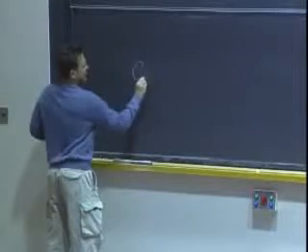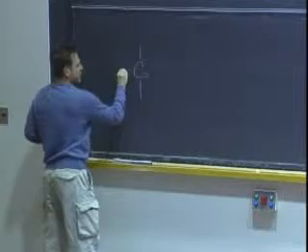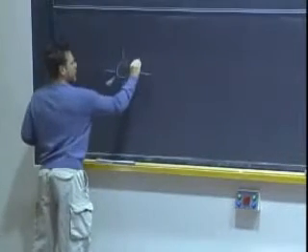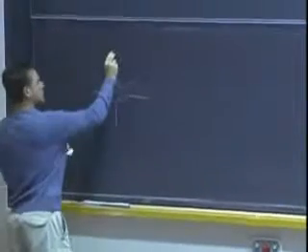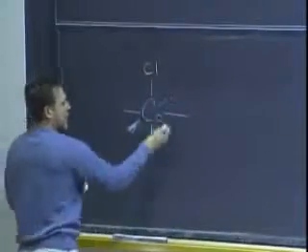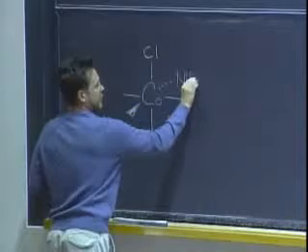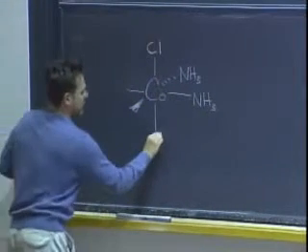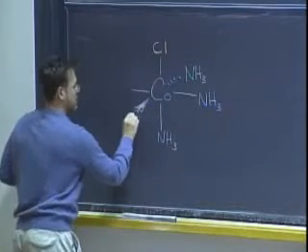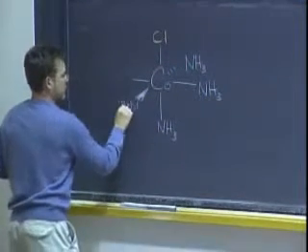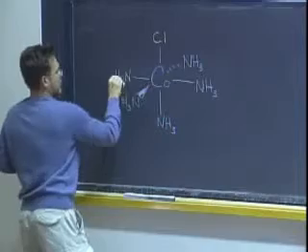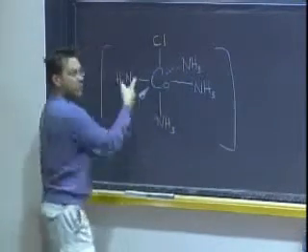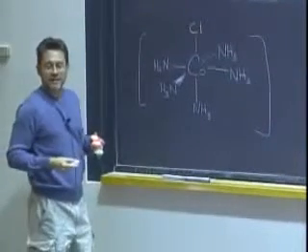Now, let's go ahead and consider some of the other examples provided to us by Alfred Werner. If instead of 6, we're adding only 5 NH3 molecules for every cobalt, then what happens is we indeed do get an octahedron, but one of the chlorides is not ionized.